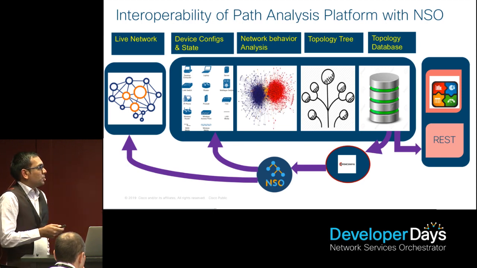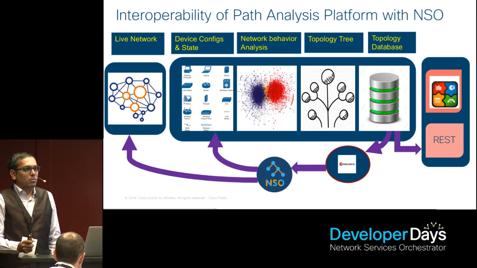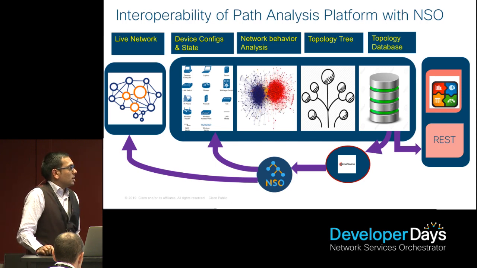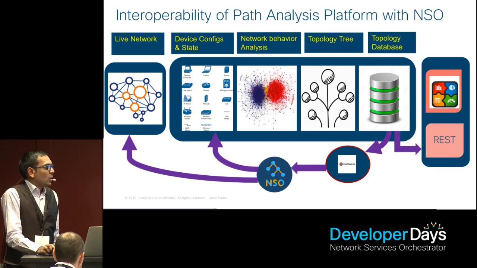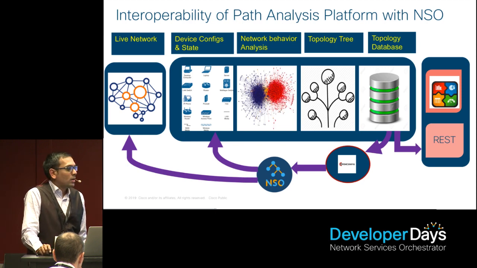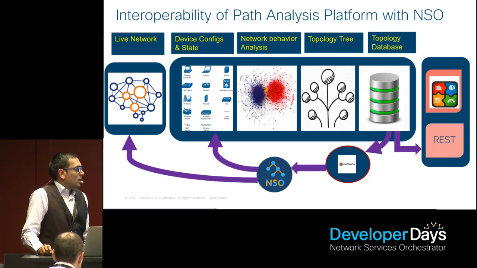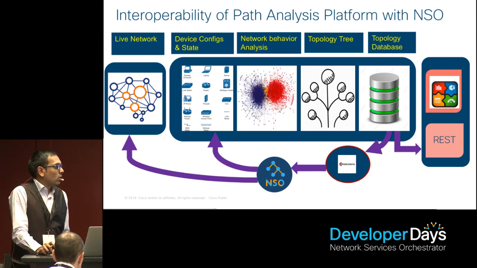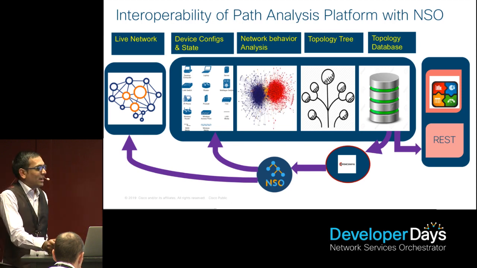And then we expose that, and there are multiple flavors through which you can consume the data that's been formulated, namely GraphQL. We'll talk a little later about GraphQL, REST API, and standardized OpenConfig. We'll briefly talk about OpenConfig towards the end as well.